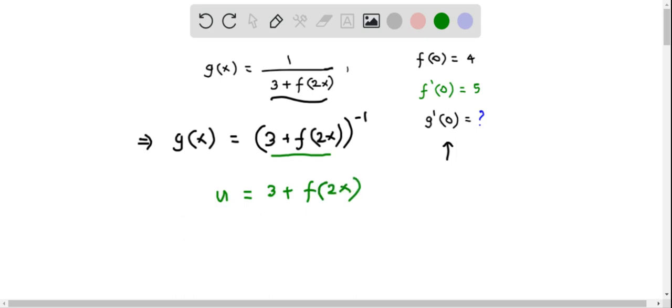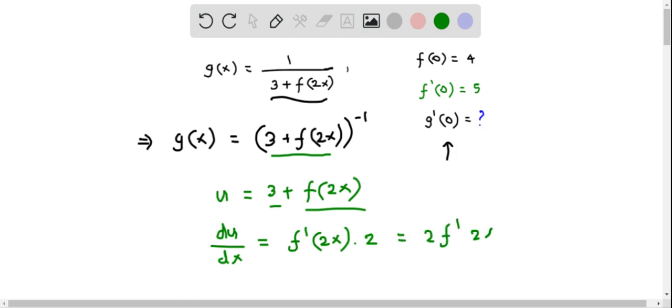And so let's find the derivative of u with respect to x, that is du by dx. This equals the derivative of 3, which is 0, and the derivative of f of 2x, which is f prime of 2x. We then apply the chain rule to find the derivative of the 2x, which is 2. So this basically equals 2 times f prime of 2x.